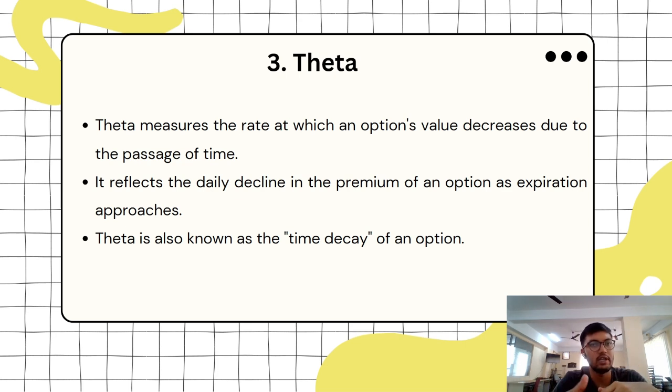To eat more premium, option sellers would try to take contracts where the expiration is, say, one month from now, because the amount of premium they can eat will be much higher. You understood? Like the 400, 500 rupees premium we were seeing in the last video, many option sellers will try to eat all those premiums, whatever option buyers are throwing away, they'll try to catch all the premium.